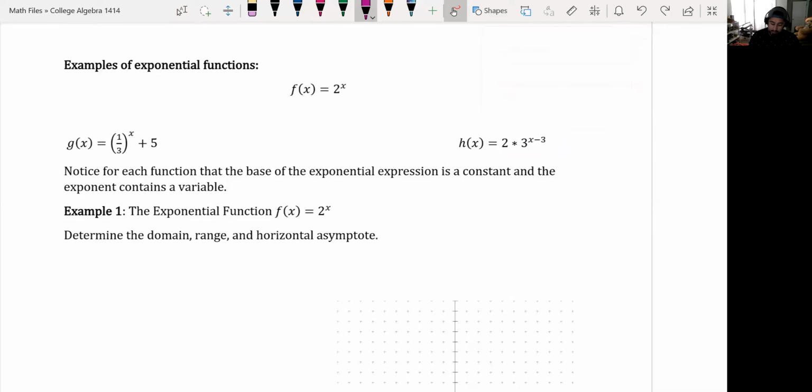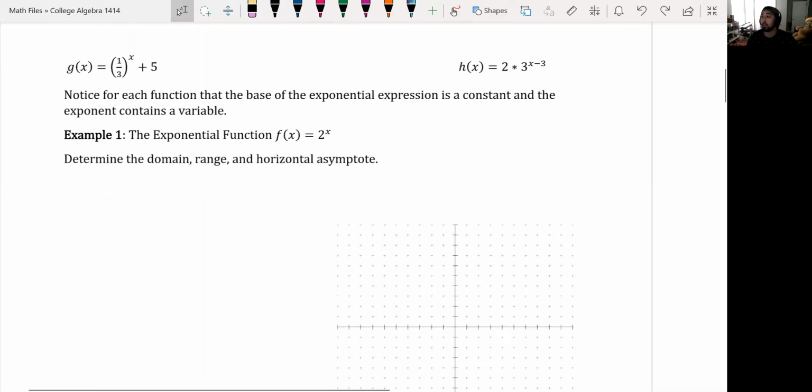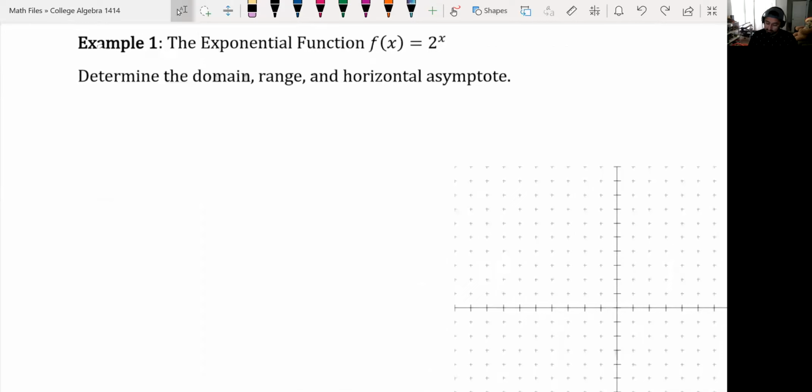Now let's go ahead and graph the exponential function 2 to the x. Let's determine the domain, range, and horizontal asymptote. Okay, so let's go ahead and graph it first. And the easiest way to graph a function is just to pick points. Let's make an XY chart and pick points.